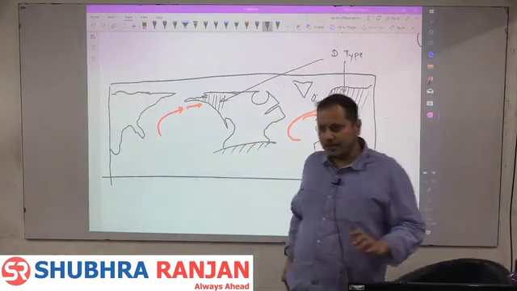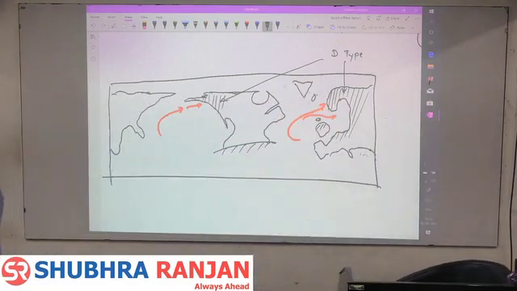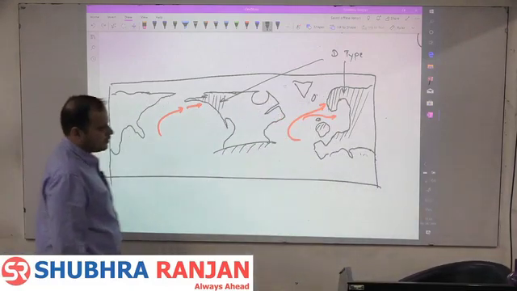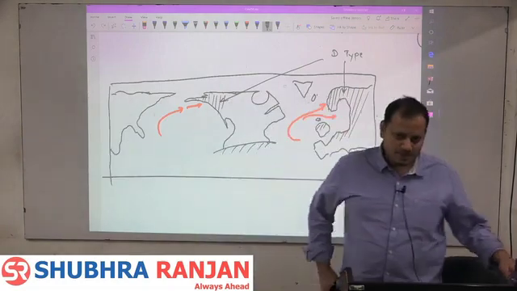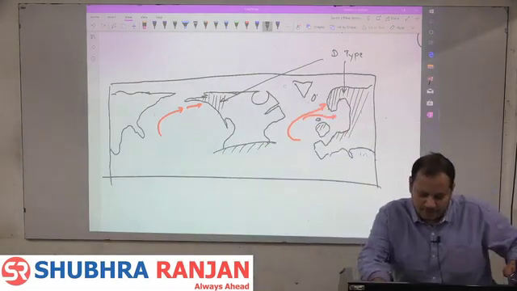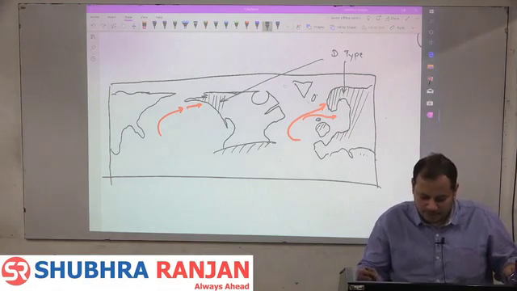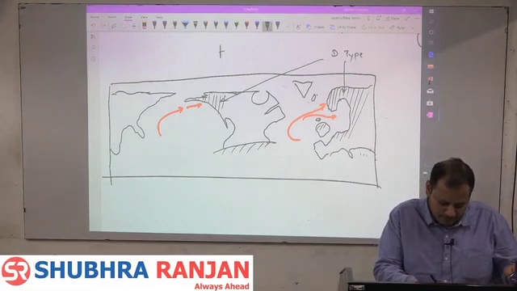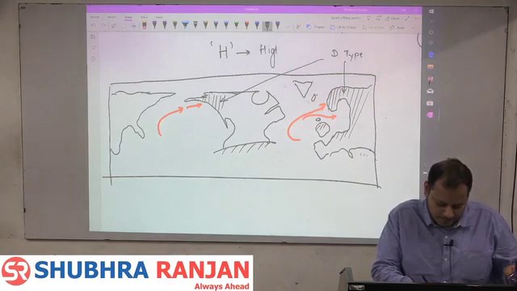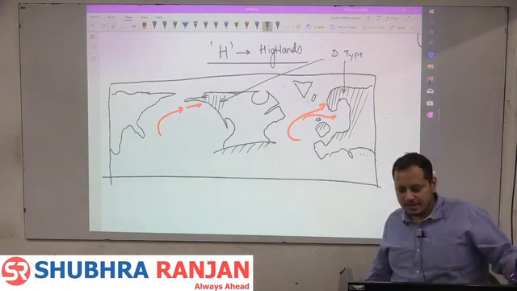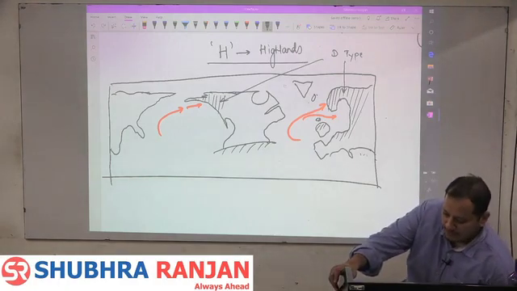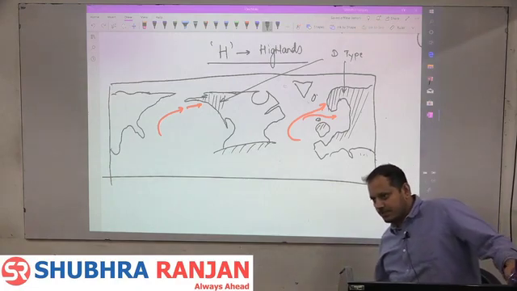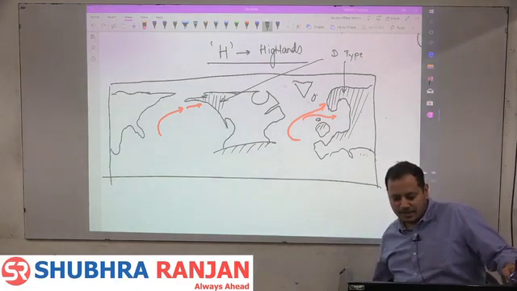Later on, Trevartha also added the H type of climate, to show the climatic conditions in the highlands or mountains.